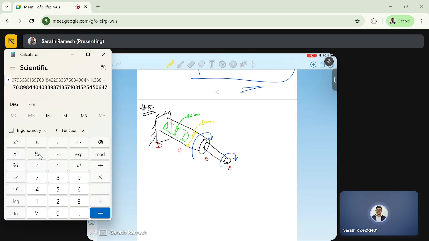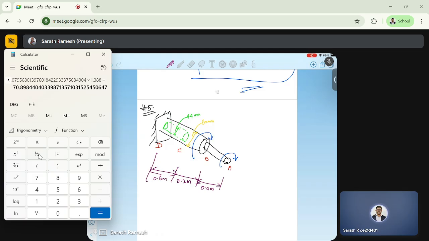Now we need to note down the lengths. Lengths are given from A to B, it is 0.4 meters, 400 mm. From B to C and from C to D, it is 200 mm, 0.2 meters, and this is 0.6 meters.